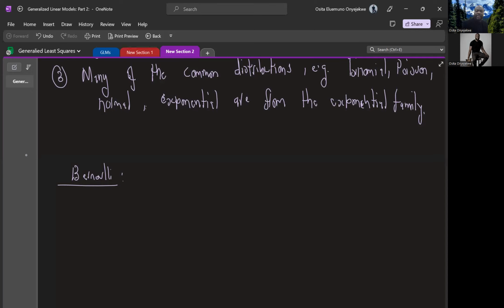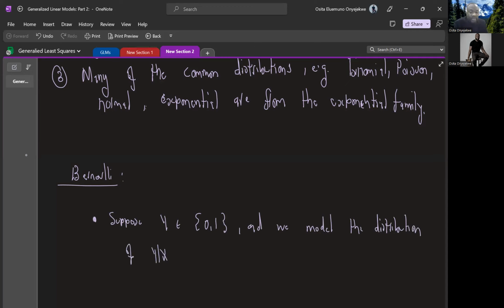Okay, now let us look at the Bernoulli. So suppose that y belongs to either 0 or 1, and we model the distribution of y given x as Bernoulli with success p.